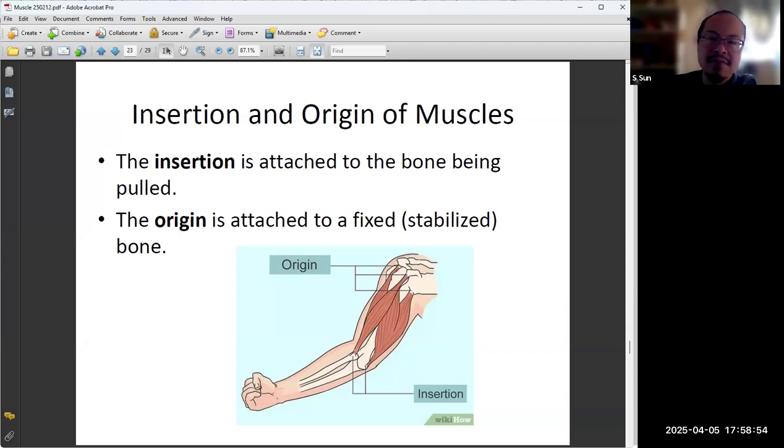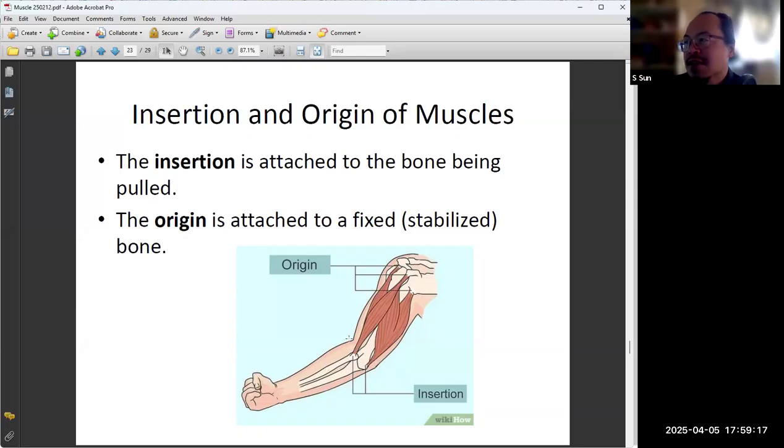If that attachment doesn't move when the muscle contracts, we call it the origin. If the muscle contraction moves this bone, we call that attachment an insertion.